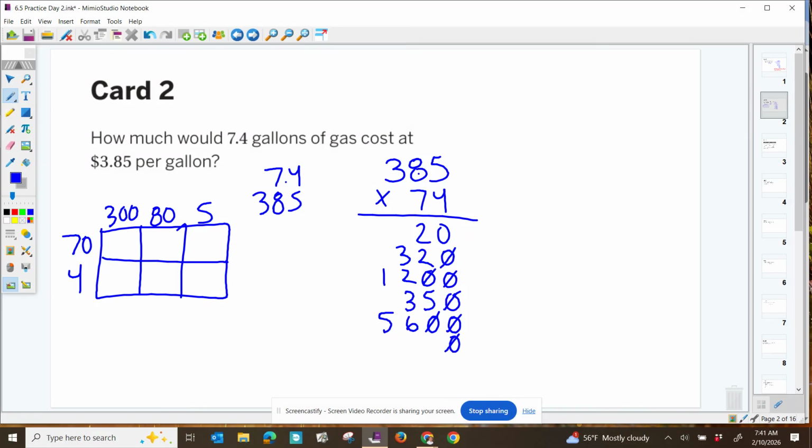Then 3 placeholder zeros, and 21. When I add those together, I get 0, 9, 11, 14, carry the 1, 8, 28, 49. So I get $28.49.